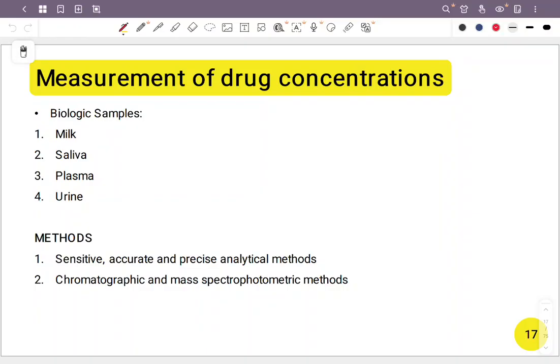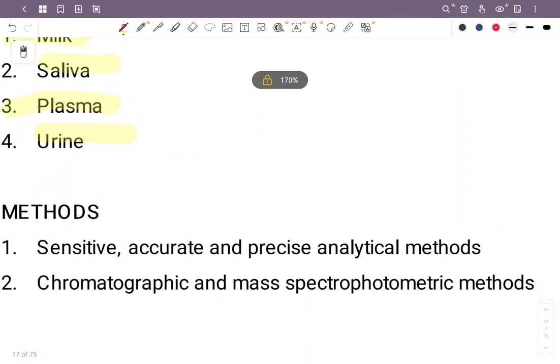Now, let's discuss the measurement of drug concentration. Starting with the biological samples, kung asa ta pwede mag-measure of drug concentrations. So, we have our milk, saliva, plasma, and urine. Pero take note lang of the most important guys, that is our plasma.